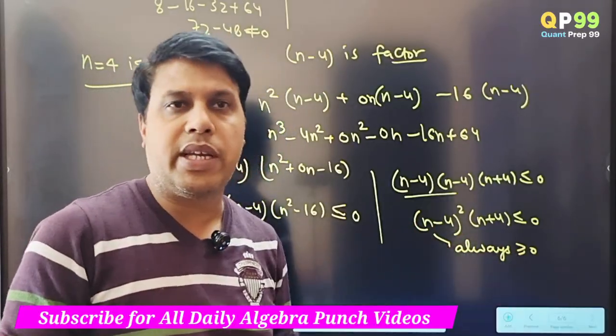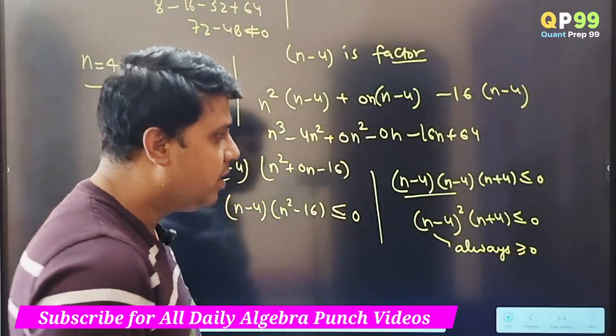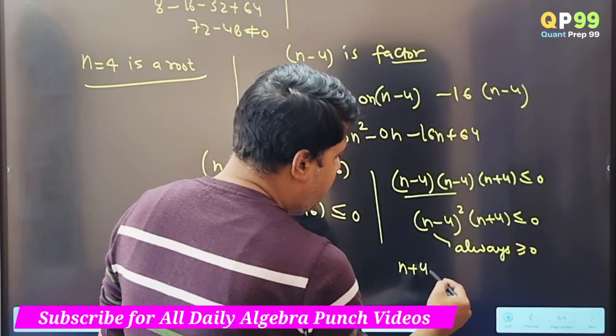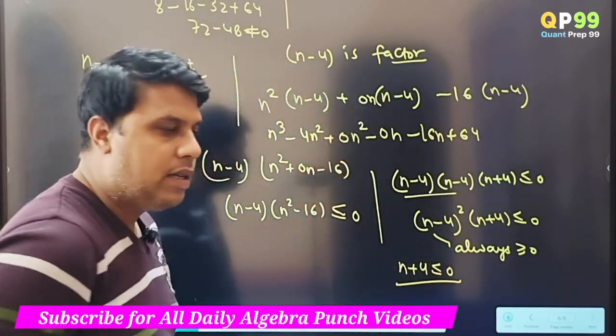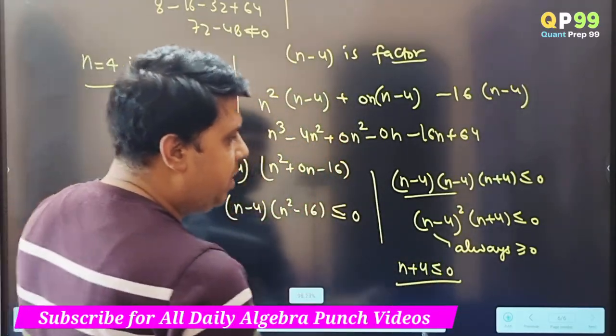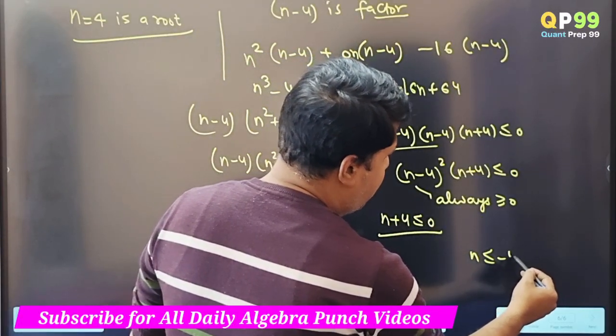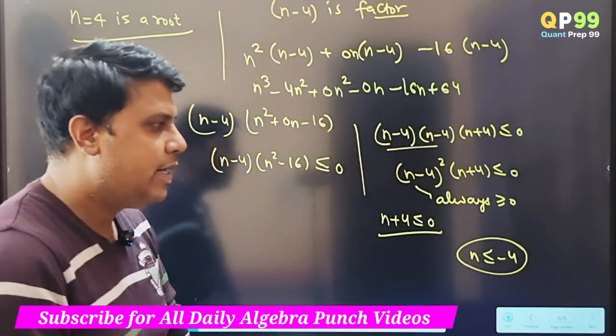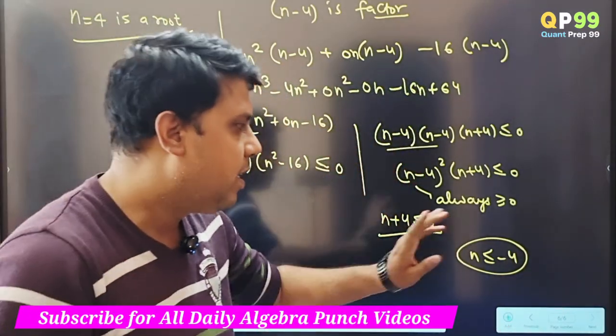तो हमेशा पॉजिटिव रहेगा या मीन टू मीन 0 हो सकता है, राइट? इसका मतलब n plus 4 has to be less than or equal to 0, right? So means n has to be less than or equal to minus 4, right?